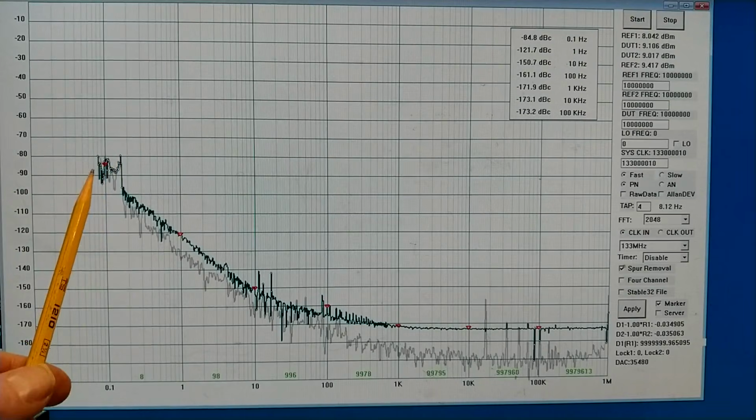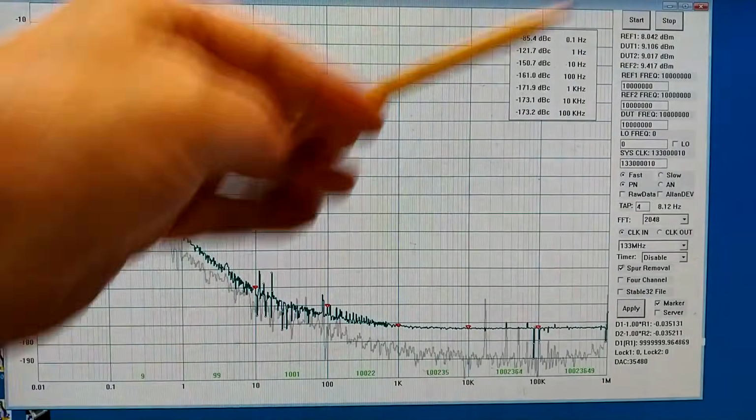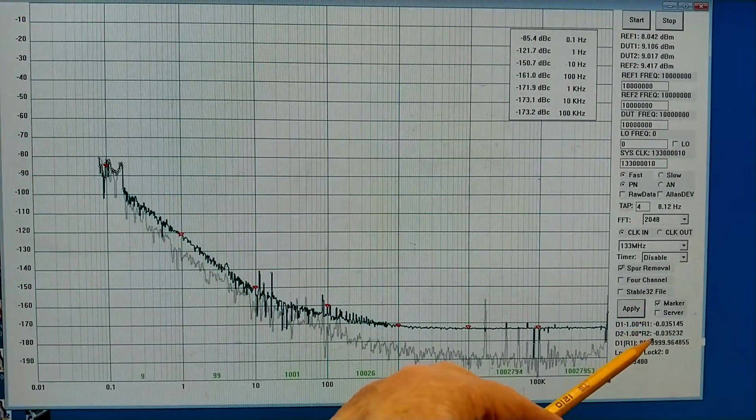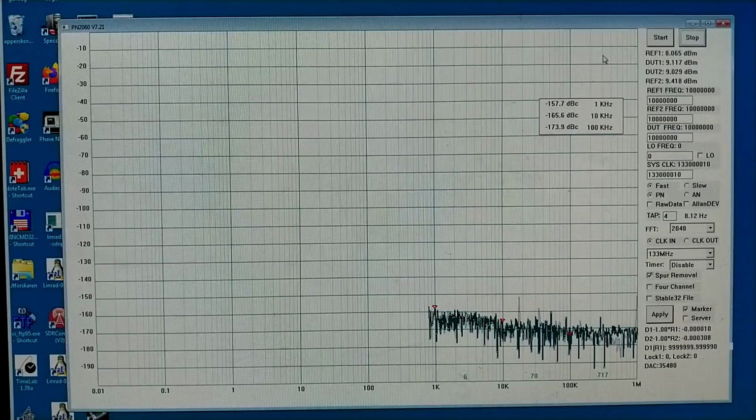There is a signal, a spur from the difference between the reference and the signal under test. I will save this and then feed the Wenzel oscillator into the unit for the same signal level, and the frequency is approximately the same with good margin, close enough.